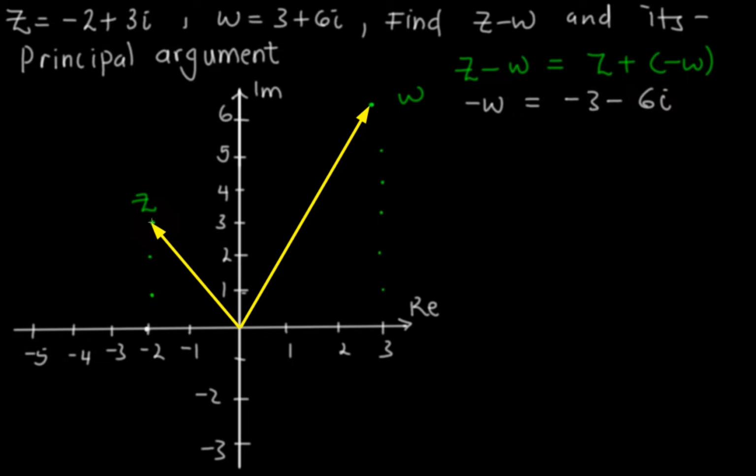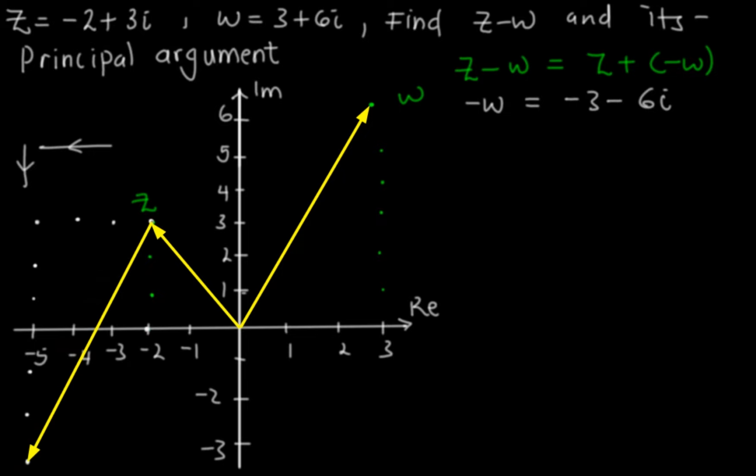So we are going to start from the head of Z, moving 3 steps backwards along the real axis and then 6 steps downwards along the imaginary axis. So this is 1, 2, 3. Then we move 1 step, the second, the third, the 4th, the 5th, and then the 6th. Okay, so we connect using an arrow.